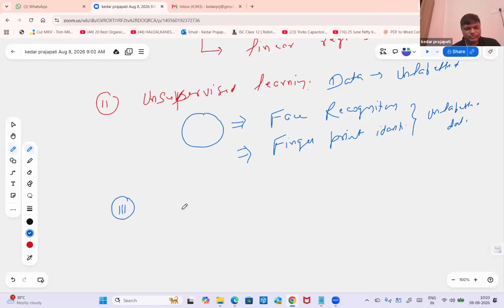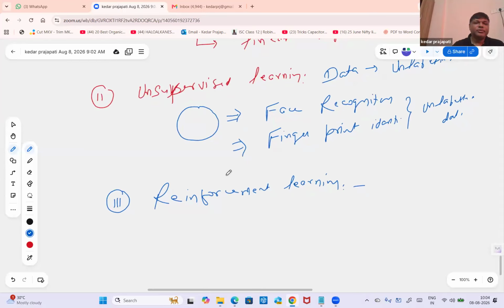It's not linear, overfitting, or underfitting. The third one is reinforcement learning. And believe me, these three are very important from an interview point of view.